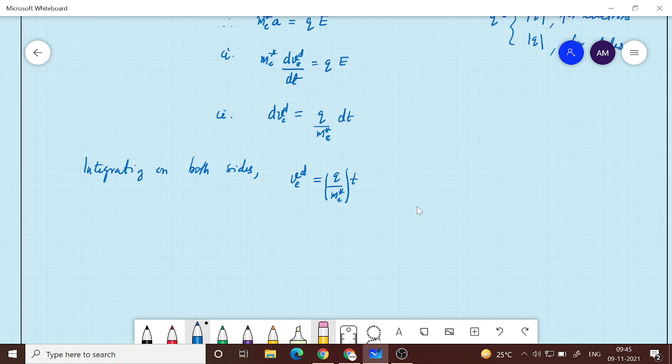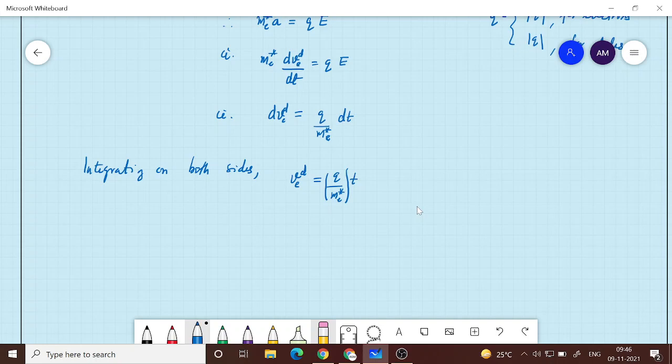And once it reaches maximum speed, though there is a force acting on it because the engine is working, still its velocity doesn't continue to increase. The reason for that is there is an opposing force by the air, which you can call the drag force or the damping force of the air, and as a result your velocity reaches a maximum value and then it stops increasing. Same thing happens with the electron also.